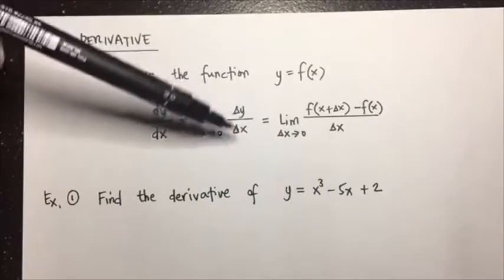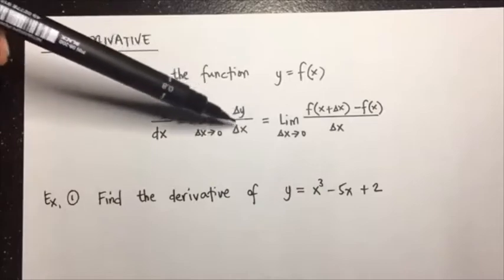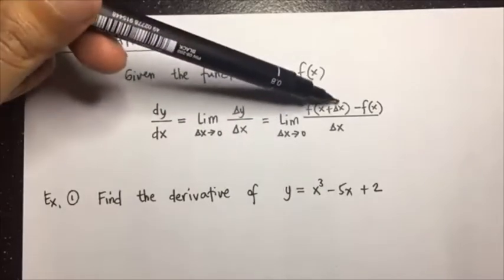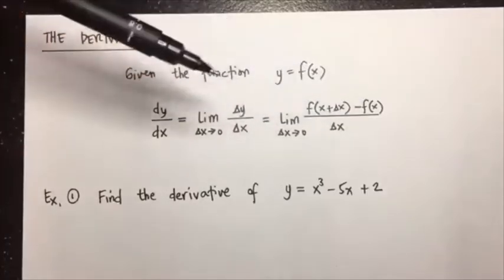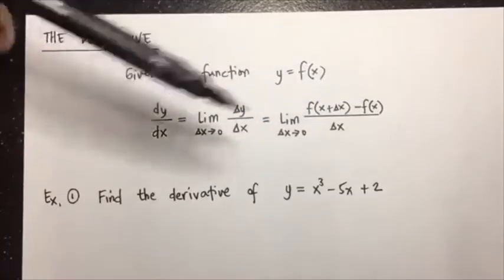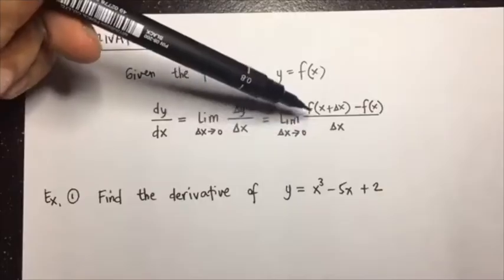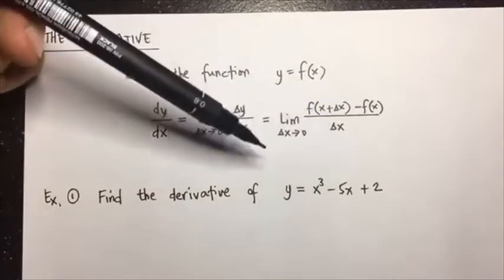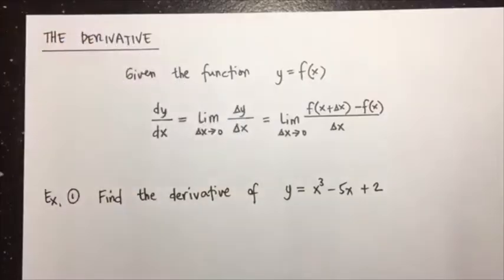Since later on we will see that delta y is equal to f of x plus delta x minus f of x, it will become the limit of f of x plus delta x minus f of x all over delta x as delta x approaches 0.